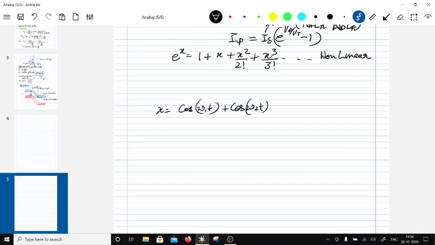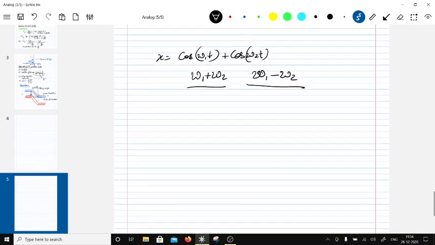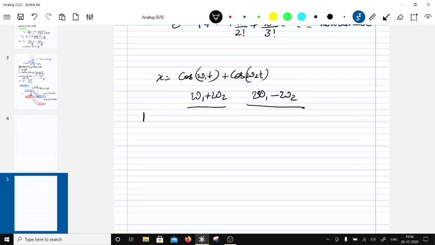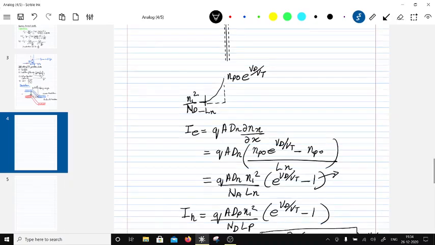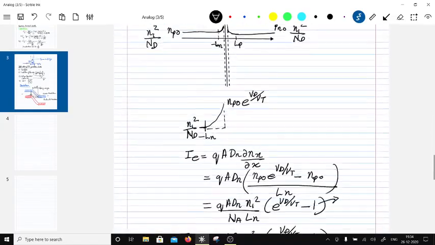So if I consider the even order mixing over here, this will generate components omega 1 plus omega 2 and omega 1 minus omega 2. So this is called mixing, right? So this is usually used in a mixer, so diode can be used as a mixer. So one of the applications of a diode which we are jotting here, the fifth one, is that a diode can be used as a mixer because of its non-linear relationship between voltage and current.